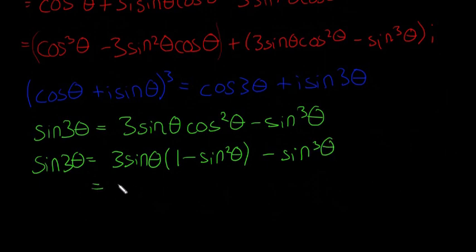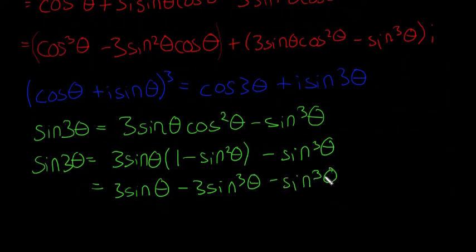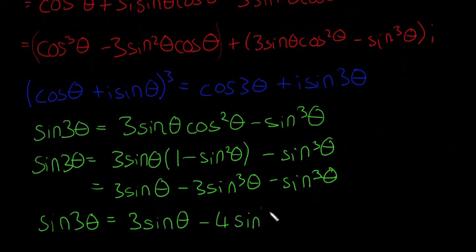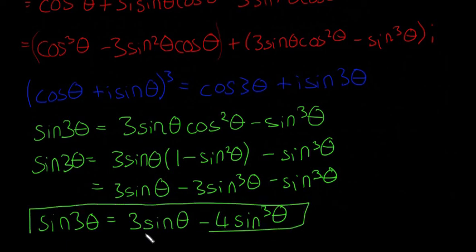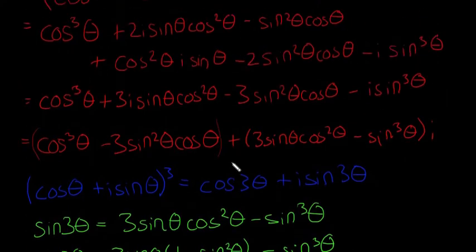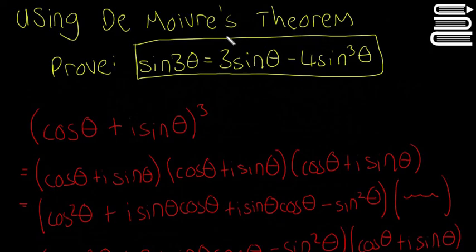That's going to give us that 3 sine theta minus 3 sine cubed theta minus sine cubed theta, and all of that together is finally going to give us our answer, is equal to 3 sine theta minus 4 sine cubed theta. And there we go. Okay, so sine 3 theta is equal to 3 sine theta minus 4 sine cubed theta. We'll check if that's the same thing, and it's the same thing they have up here, so we've proved that.